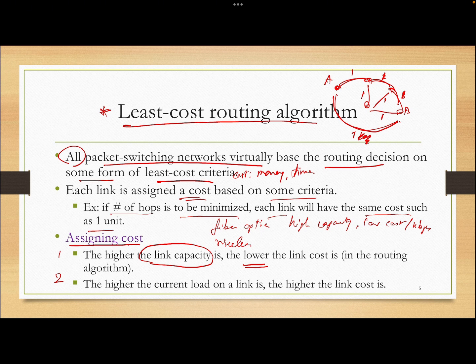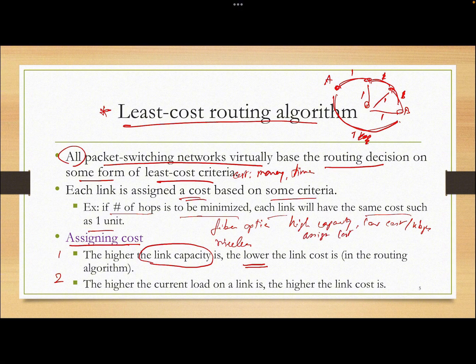Even though the installation may be expensive, everyone shares it. So many people share the same link, so for each of them it will be cheap to use the fiber optics to get the high speed. So this one you assign low cost.